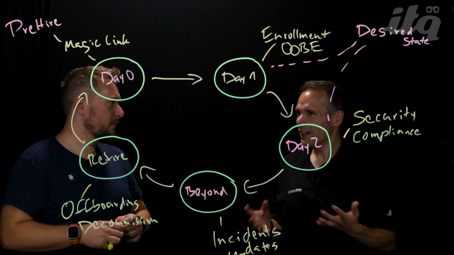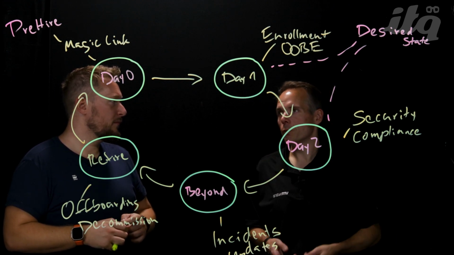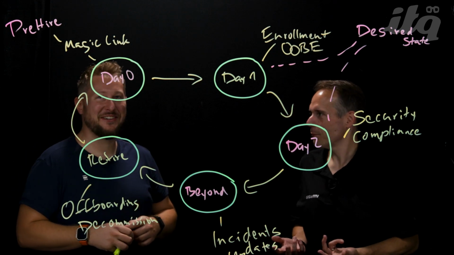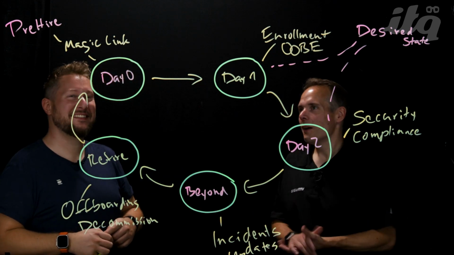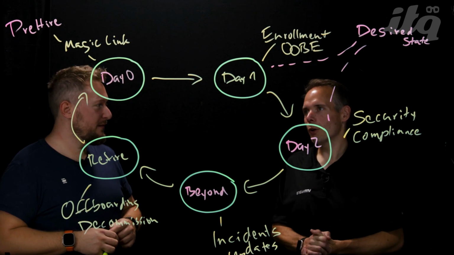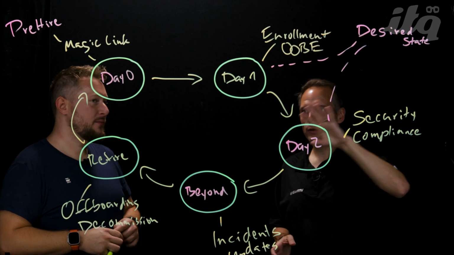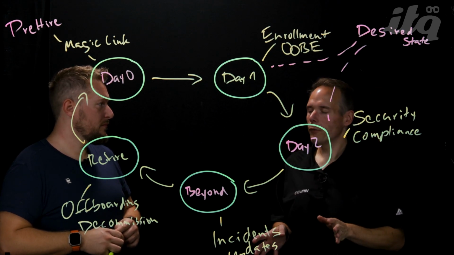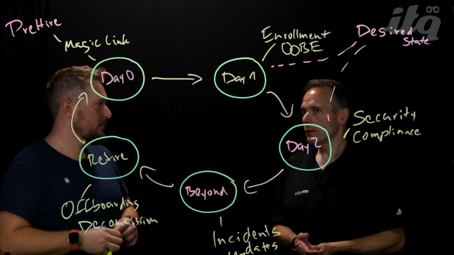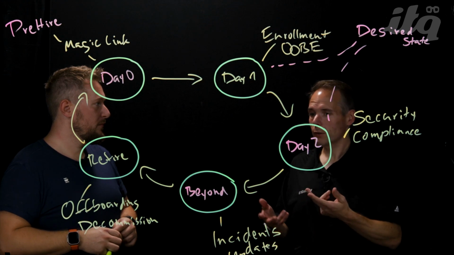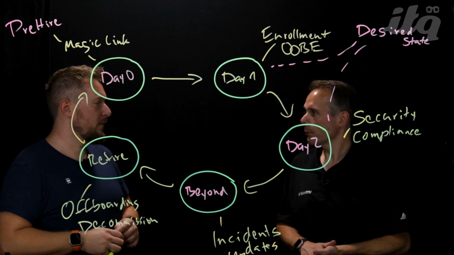Hey, what can we do? Most people don't know that there is something like a magic link, for example. And you don't know what you don't know. Therefore, it's important that you talk to each other. Then the HR department or security, whoever is raising requirements, and then IT can develop them and, using our platform, automate most of it.